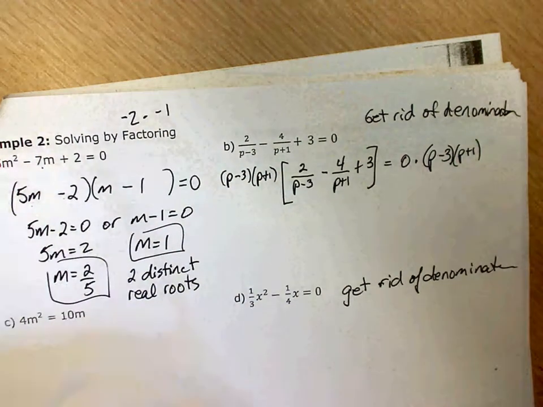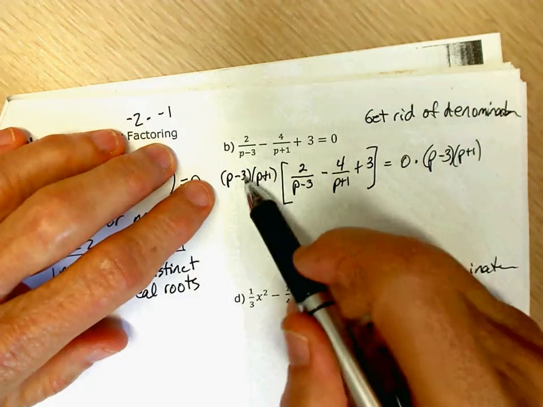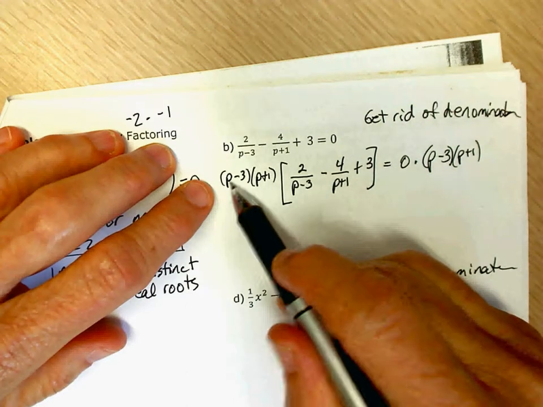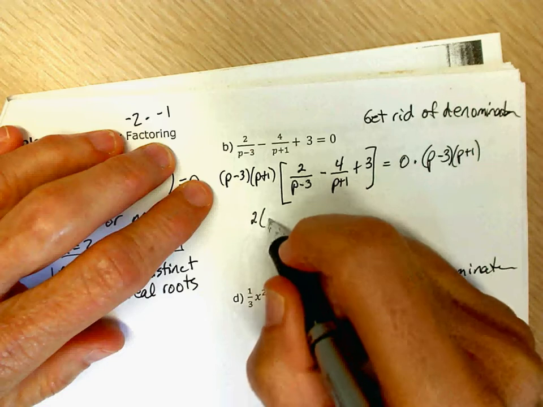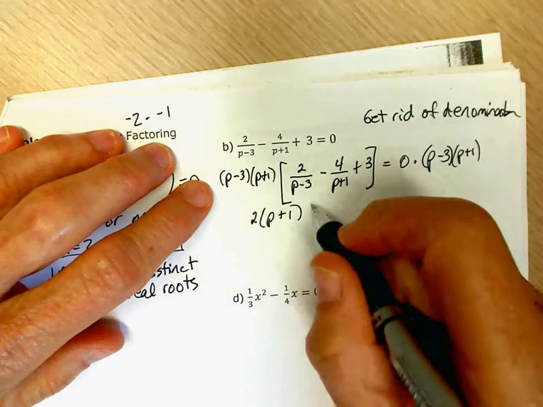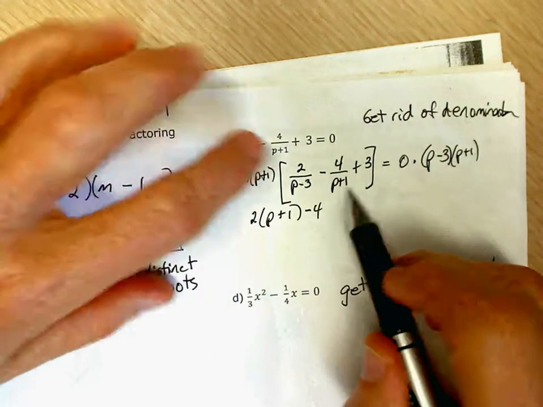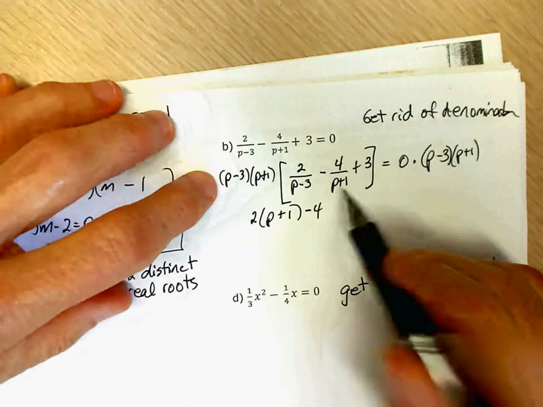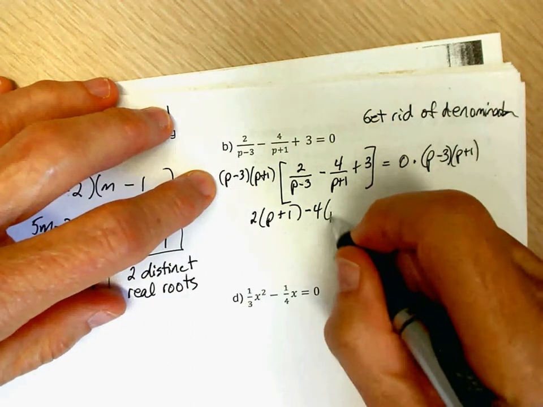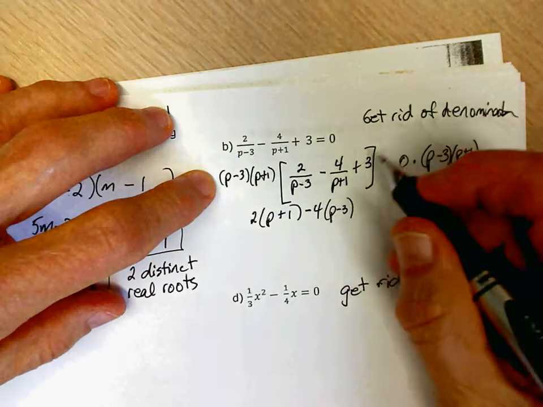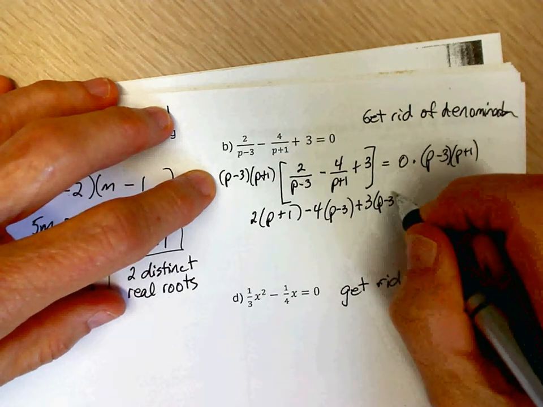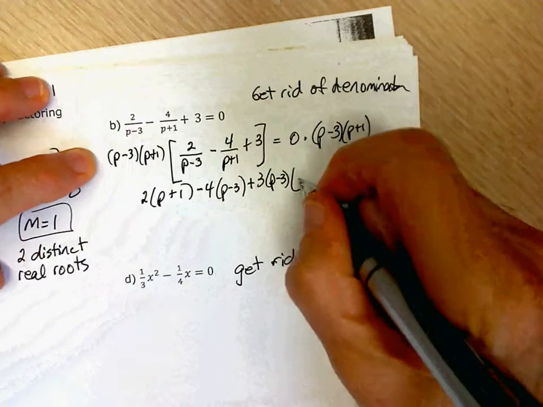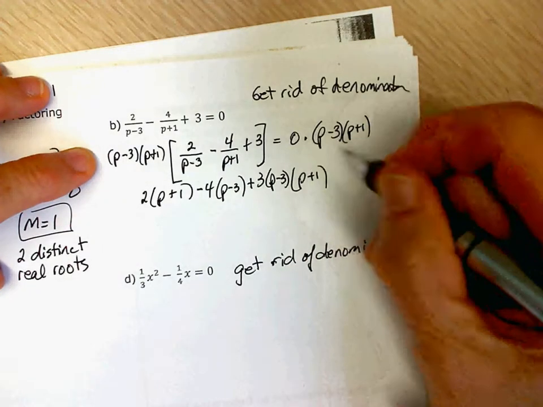So when I multiply this times this, p minus 3 divides out. So I have 2 times p plus 1 minus, here p plus 1 divides out, so I'm left with p minus 3, plus 3 times p minus 3 times p plus 1, and 0 times anything is 0.